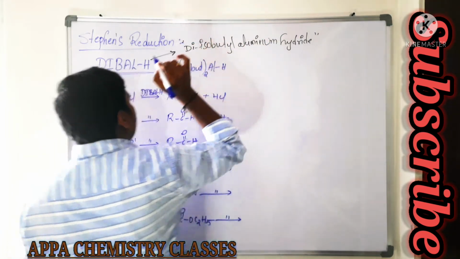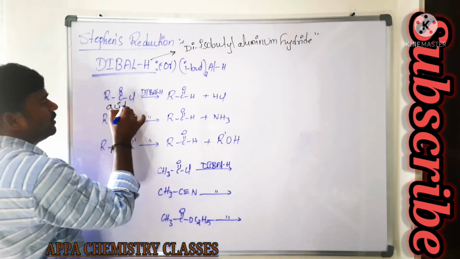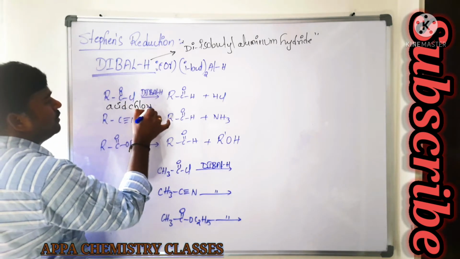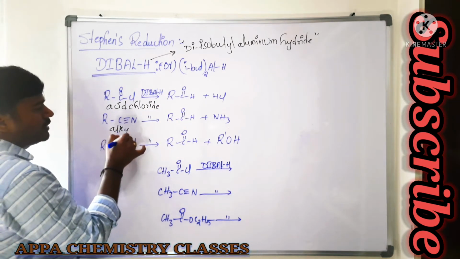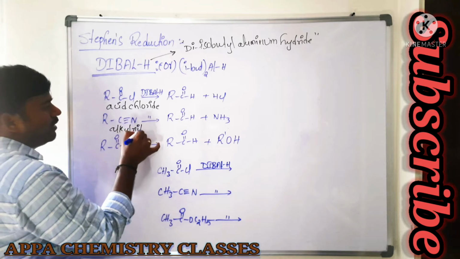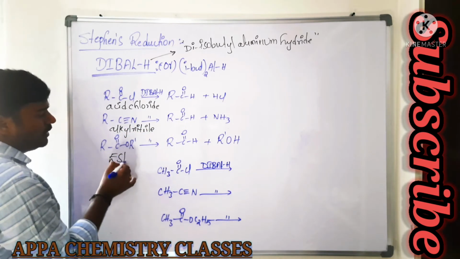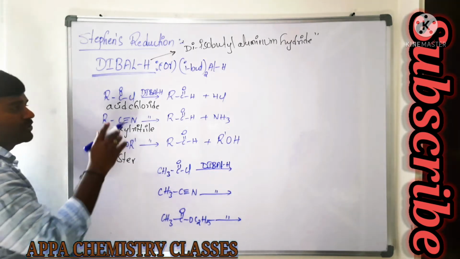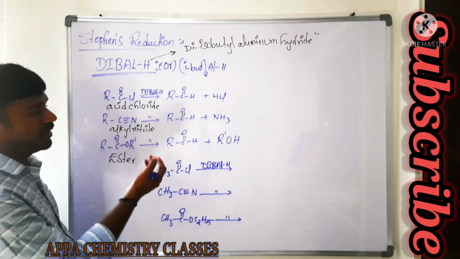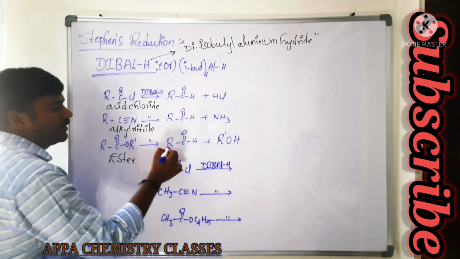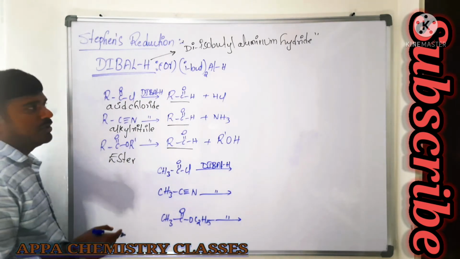Diisobutyl aluminium hydride is used in the conversion of acid chloride to aldehyde, and also alkyl nitriles or cyanides to aldehydes, and esters to aldehydes. So these 3 compounds, acid chloride, alkyl nitriles and esters, are converted to aldehydes by using diisobutyl aluminium hydride.